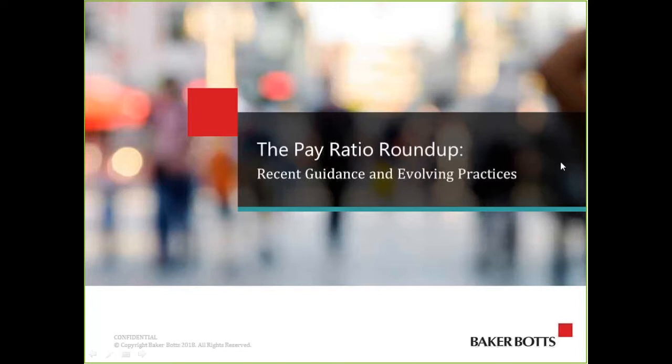The next step would be to choose the compensation measure that you would use to identify who your median employee is. Now, you could either use total compensation, which would mean base salary and wages, tips, commissions, bonuses, equity awards, basically everything that you would throw into a summary compensation table disclosure.